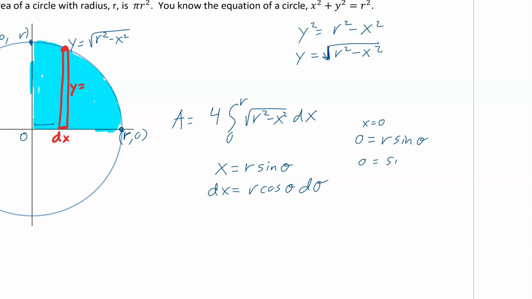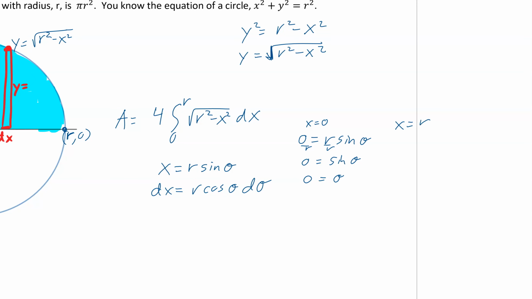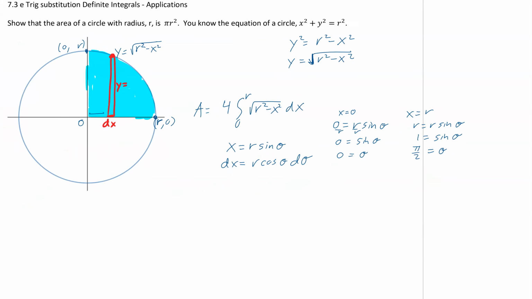So 0 equals sine theta, because if you divide by r, it's still 0. Theta equals 0. And then now we're going to go x equals r. So r equals r sine theta, and that's 1. So sine theta is 1, theta equals pi over 2.